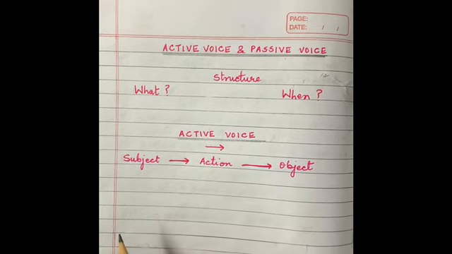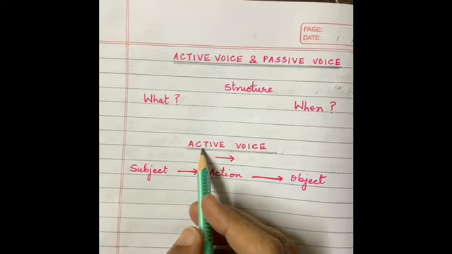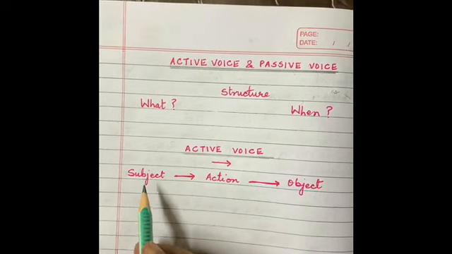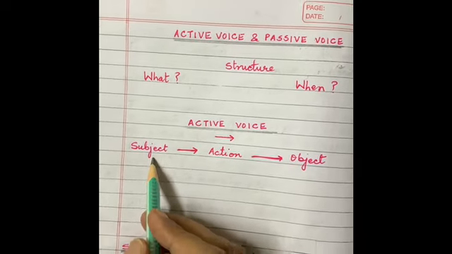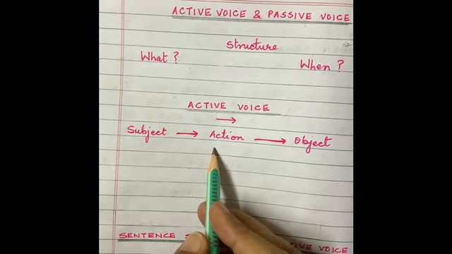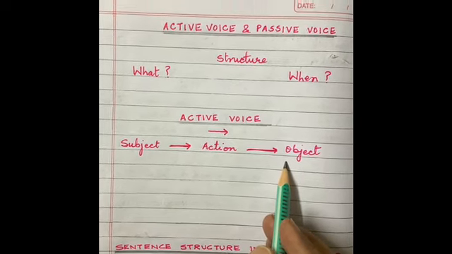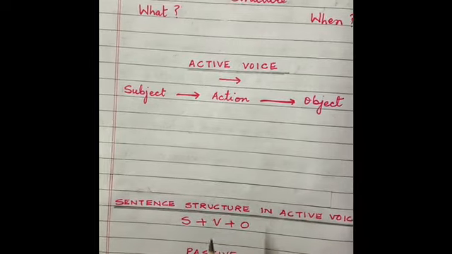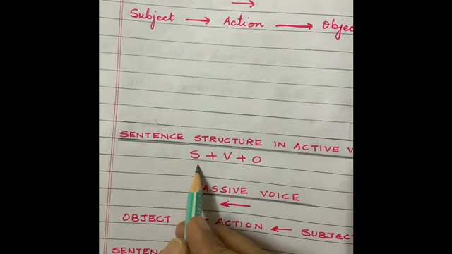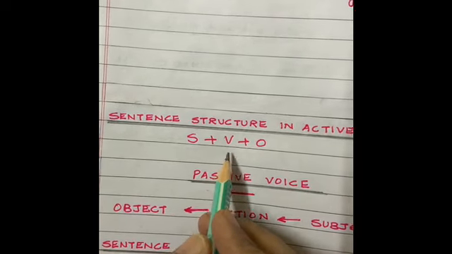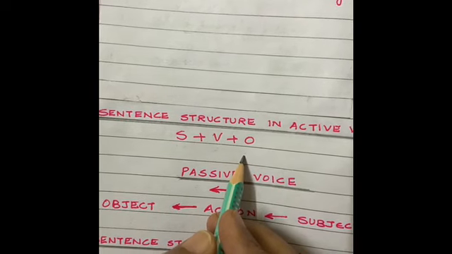The very first is active voice. Here the subject performs an action and the object receives the action. And the sentence structure is subject plus verb plus object.